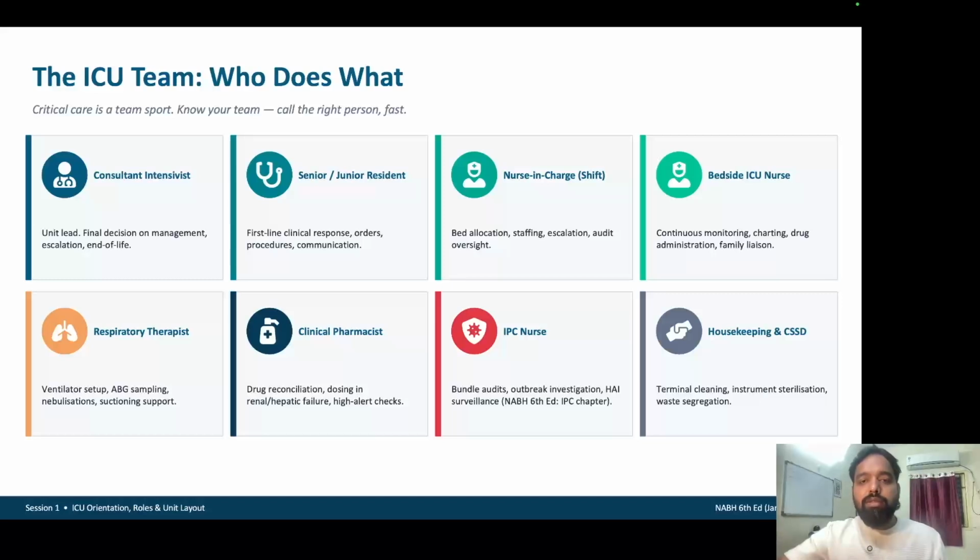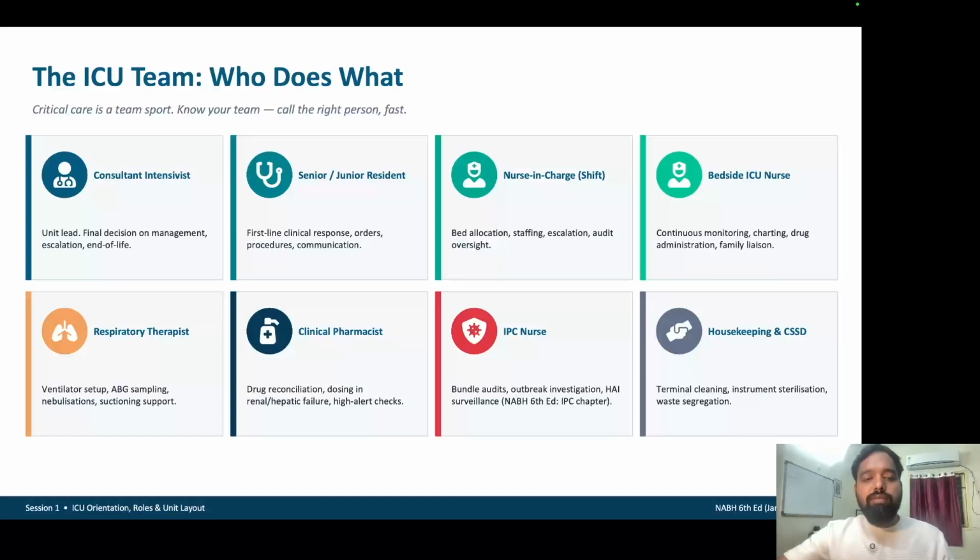Regarding the nursing in charge, there will be a shift-based nursing in charge. They will take care of bed allocation, staffing, escalation, and audit oversight. And the bedside ICU nurse will take care of continuous monitoring, charting, drug administration, and family liaison. Regarding the respiratory therapist, they will take care of ventilator setup, ABG sampling, nebulization, and suctioning support.